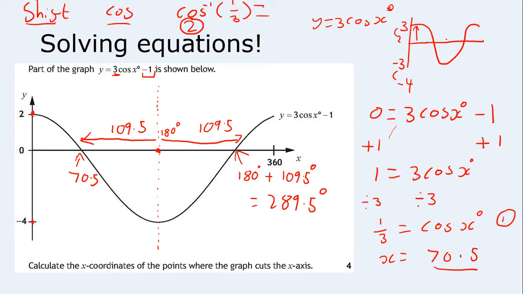If they'd not given me this, I would have drawn that line there, and I would have still been marking these points on. Doodle it. Okay, it makes life 100 times easier to have a sketch. That way you can check it makes sense. And it's why it's important that you do learn how to sketch sine, cosine, and tangent.